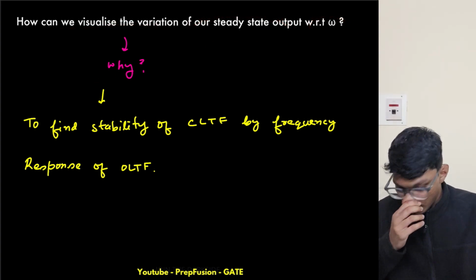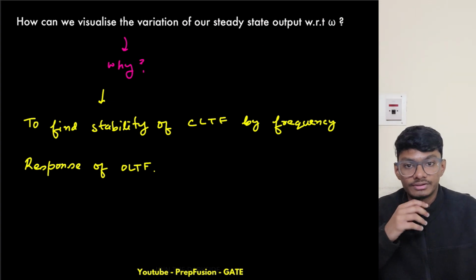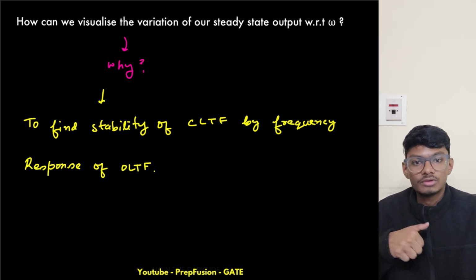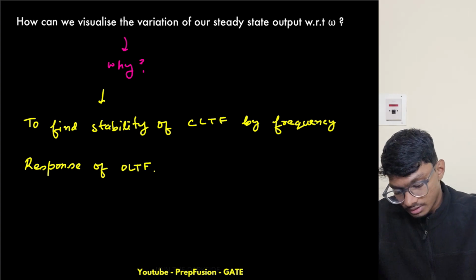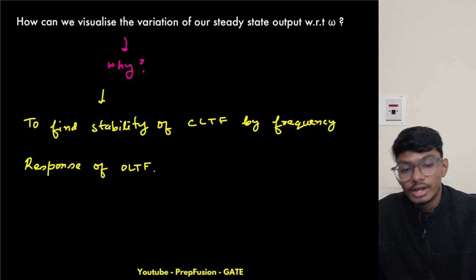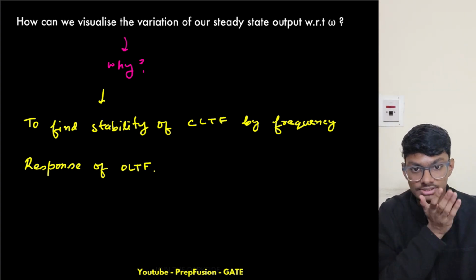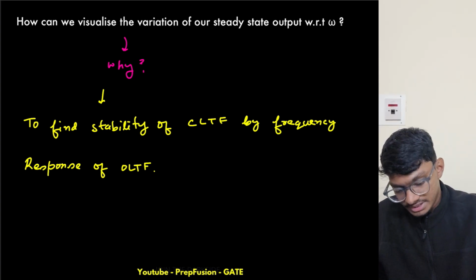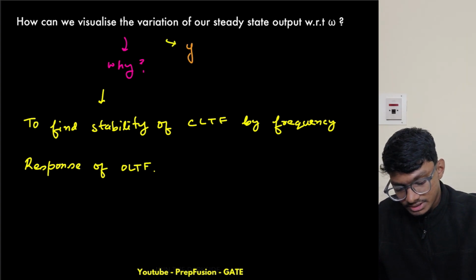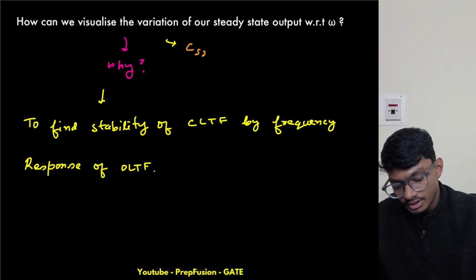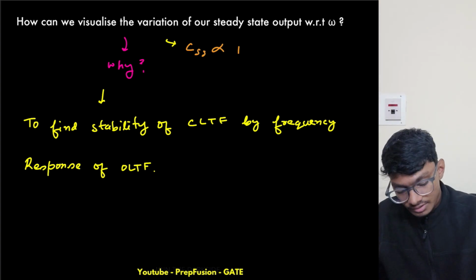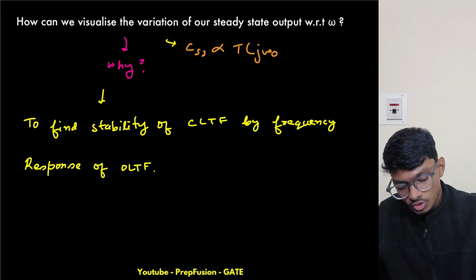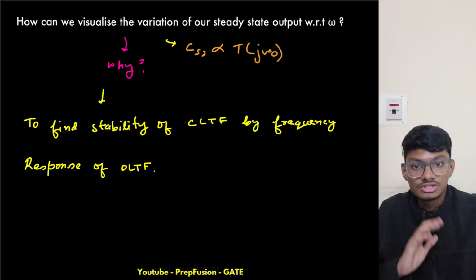So how will we vary? Basically what we'll do is we'll vary the system itself, the system transfer function. My y steady state, or let me write it as c steady state, is related to my T of j omega naught, or you can say T of j omega.